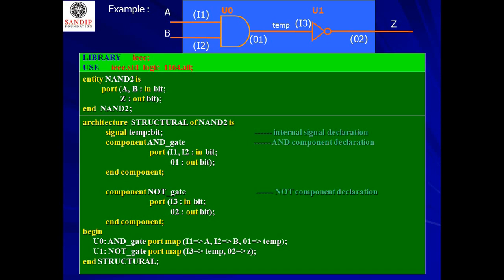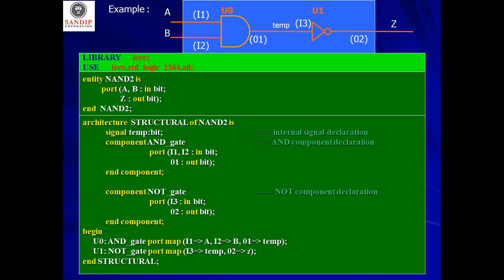End of the structure. While writing architecture for structural modeling, all the components should be declared before the begin statement. If it consists of three different gates, then you have to declare the three different components. In this example, only two components are present, like AND gate and NOT gate.